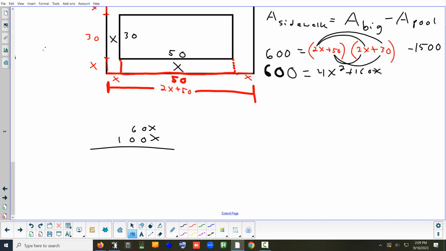If you were going to factor it or use the quadratic formula, you've got to get it equal to 0. So what would we do to get this 600 on the other side? Minus 600 from both sides.